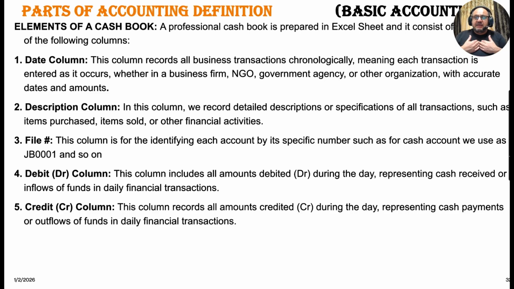My name is Jalal. Somebody else's name is Ahmad, Samiullah, Habibullah, Abidullah, Emanullah, and so on. And in English, Mr. Richard, Mr. Walter, Mr. Brandon, and so on. So in file number, we give a specific name or identification to each account.